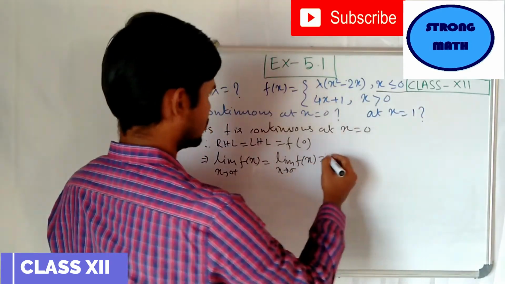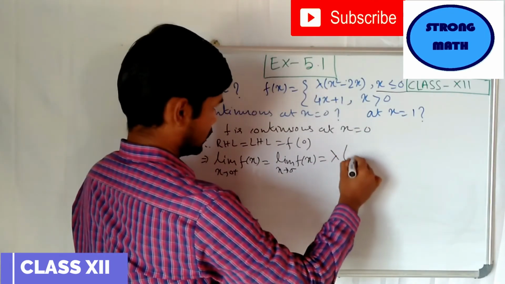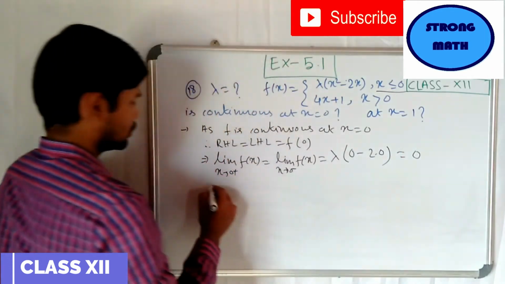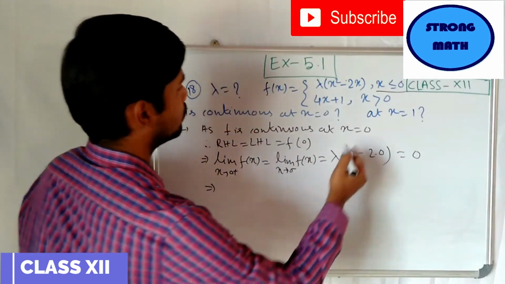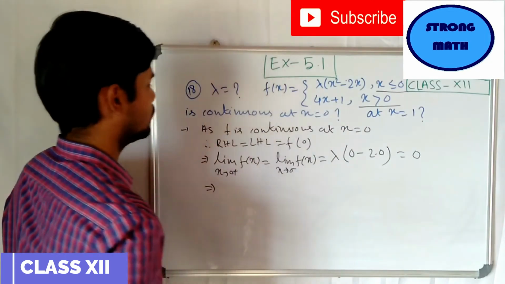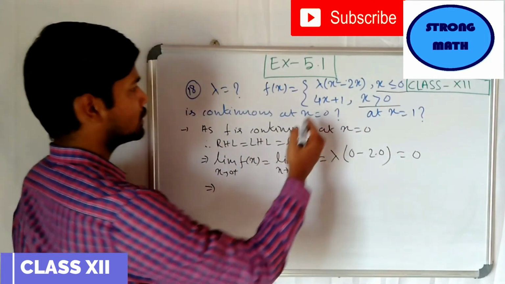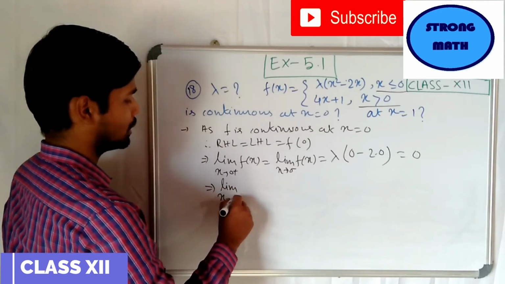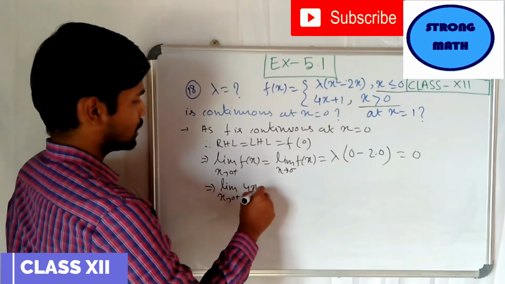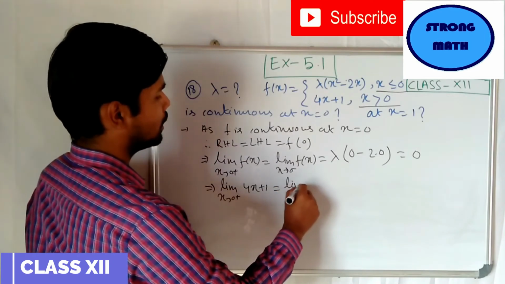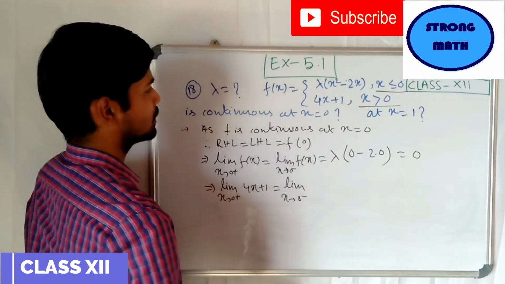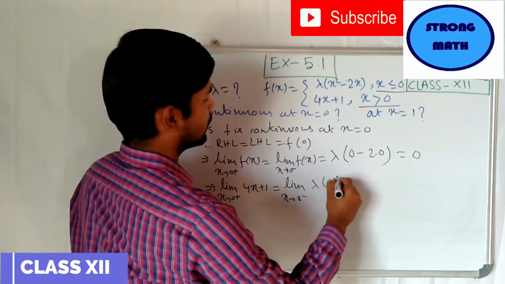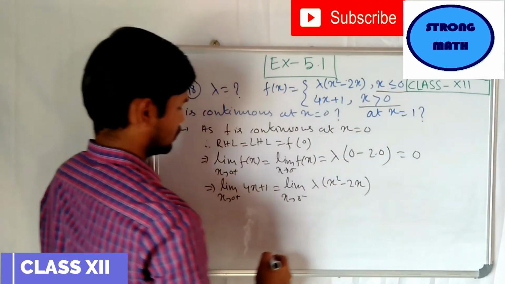The functional value is this, so putting 0, which equals 0. Now the right hand limit gives us, for x greater than 0, the function value 4x plus 1, so we can write limit x tends to 0 plus of 4x plus 1, which equals limit x tends to 0 minus, meaning the left hand side, of lambda into (x square minus 2x).